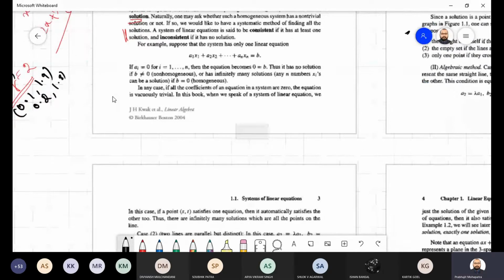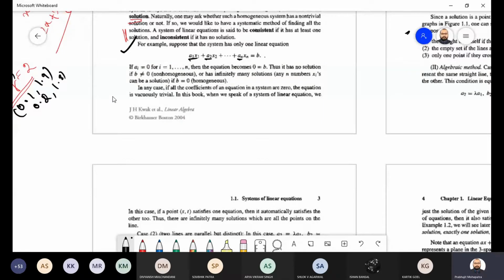Here they are giving another inconsistent example. One equation, one straight line, is given. If all ai, a1, a2 up to an, are 0, then b is also 0.